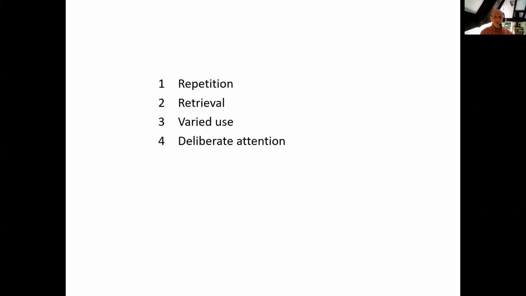The third condition for helping learning is varied use. And varied use is what I talked about just earlier, and that is retrieving or meeting the same item again, but in a slightly different way.